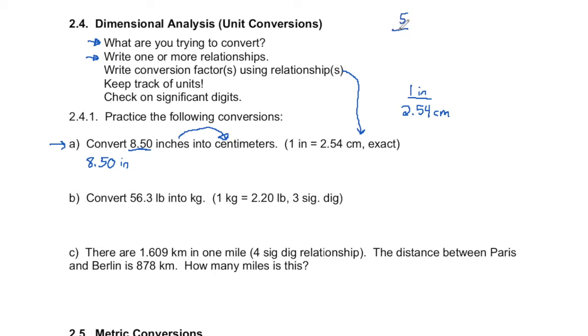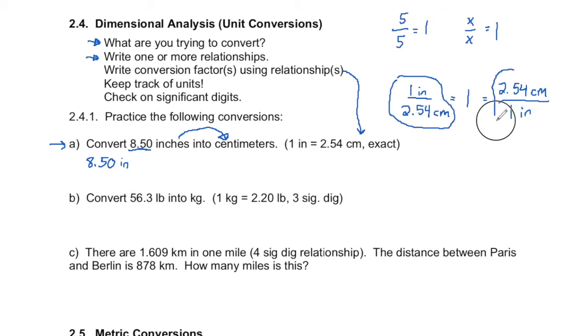Just like 5 over 5 equals 1, or x over x equals 1. If these two things are equal, then this will be equal to 1. Another way we can write this is with 2.54 centimeters on top and 1 inch on the bottom. This also equals 1. These two fractions are known as conversion factors.